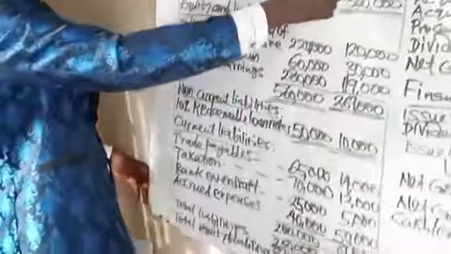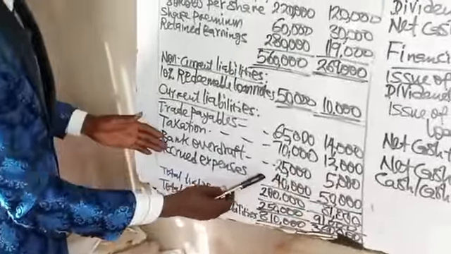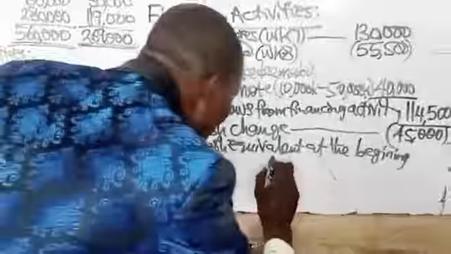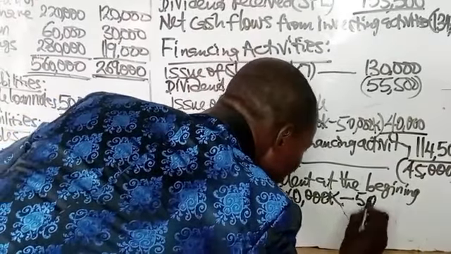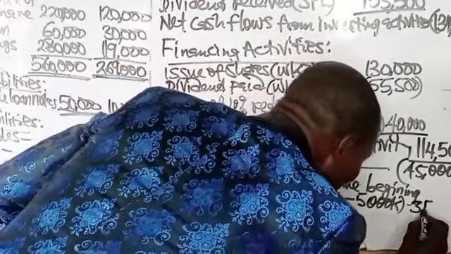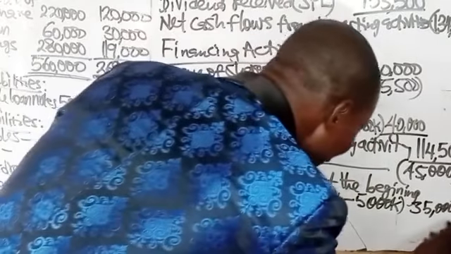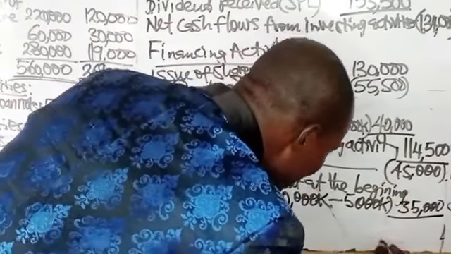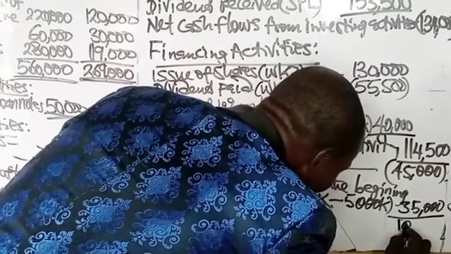Remember, the bank you have under current asset is a positive balance, while an overdraft is a negative balance. You have 40 million positive balance minus 5 million negative balance, which is an overdraft. Then you have 35 million positive. Then minus 45 million plus 35 million, that is minus 10 million.